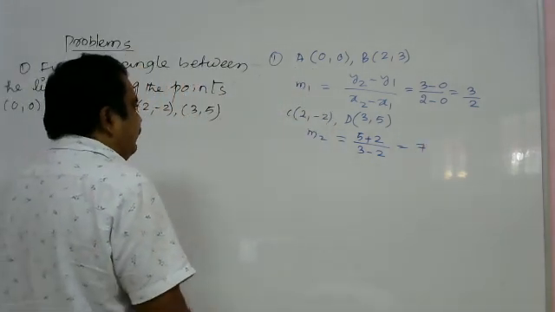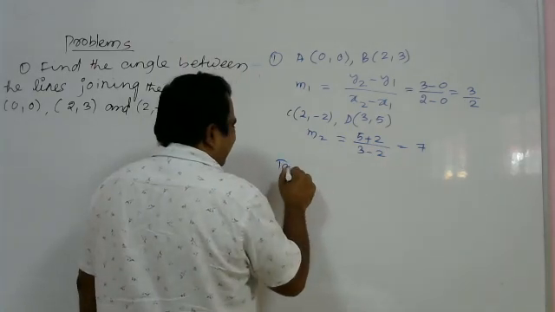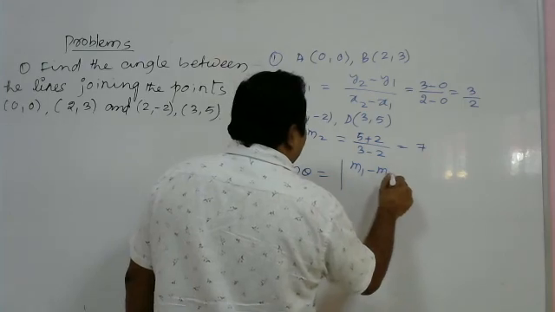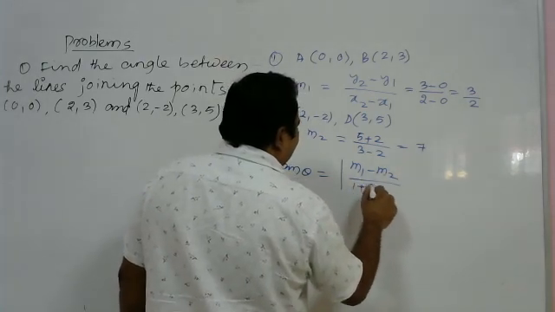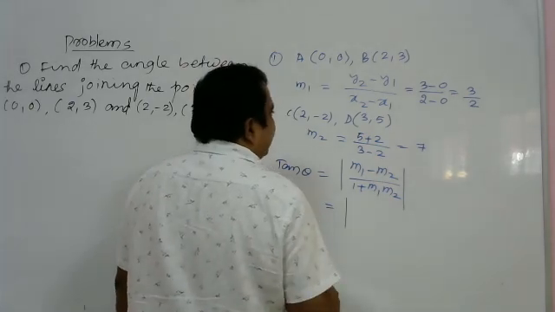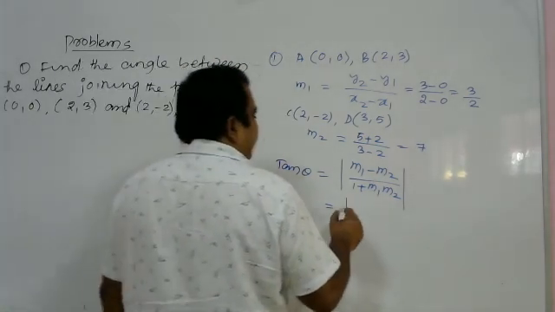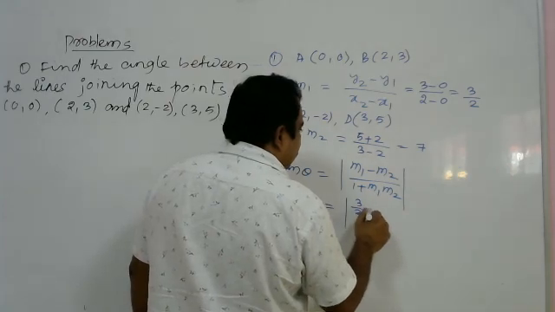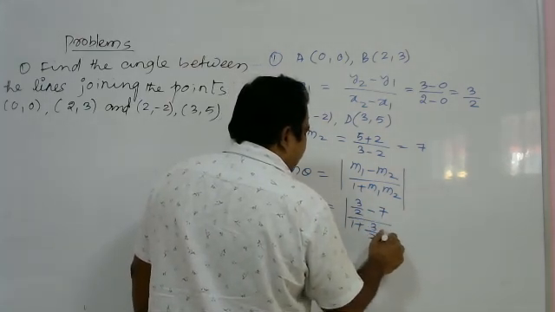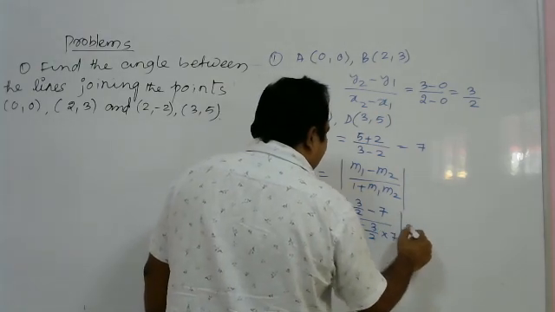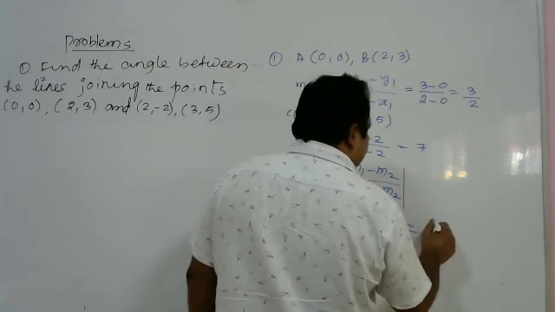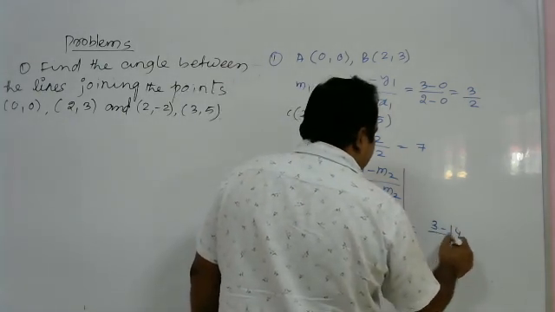So then tan theta we have to find out. Tan theta is modulus of (m1 minus m2) by (1 plus m1 m2). So modulus of 3 by 2 minus 7, by 1 plus 3 by 2 into 7. What will we get? 2 is the LCM, so 3 minus 14 by 2.